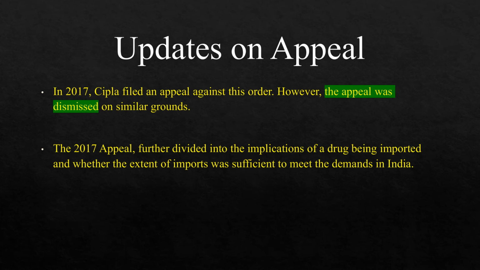The 2017 appeal further delved into the implications of a drug being imported and whether the extent of imports was sufficient to meet the demands in India or not, which is to be analyzed.